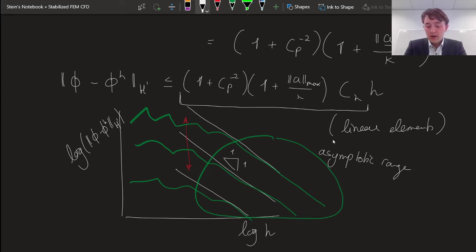This is where the error that we're making with our numerical scheme is approaching that asymptotic limit of first order in this case. And everything before then, and what I mean by that is that now the green lines that I'm drawing here, they run parallel or they neighbor the white lines, and those are our bounds. So everything before then is the pre-asymptotic range.